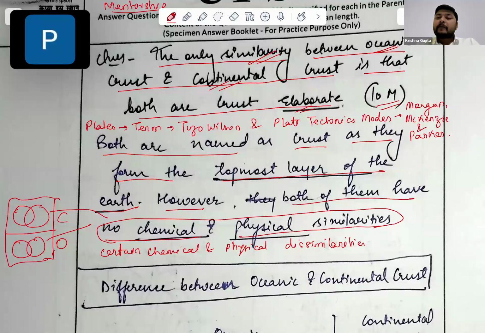So this will give us a better insight into the crust, or we can say the plate, which we are trying to explain in this question, and how they are seen through these particular terms.